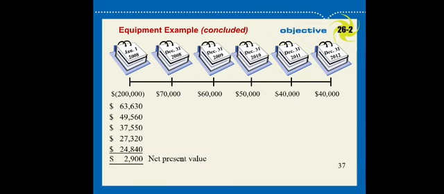The 200,000 is the cash out, and there are 1, 2, 3, 4, 5 cash ins. So the cash ins minus the cash out, in this situation the net present value is 2,900. So in general, if the net present value is positive, it is a good investment.